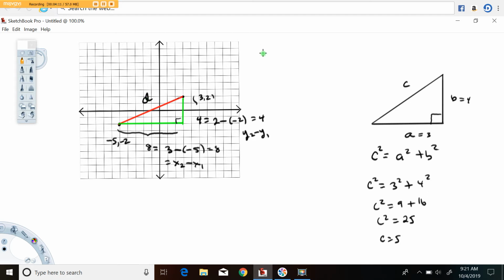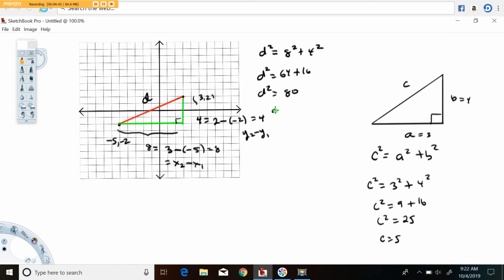Now we can apply the Pythagorean theorem. D squared is going to equal this distance, which we calculated as 8, squared, plus this distance, which we calculated as 4, squared. So D squared is going to equal 64 plus 16, which I think is 80.